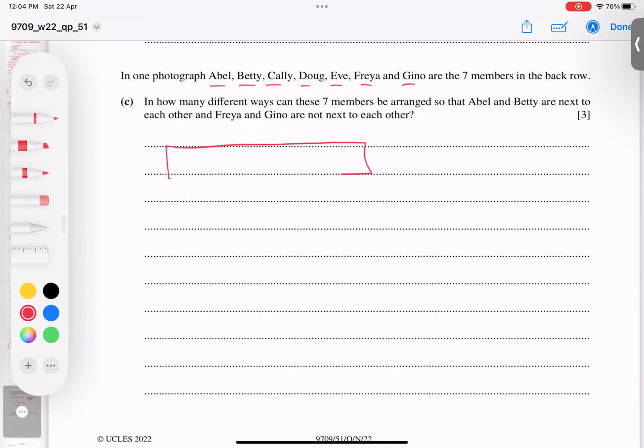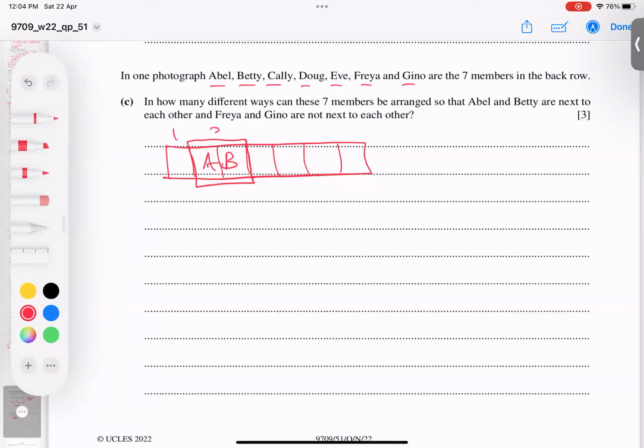So let's try to do it. 1, 2, 3, 4, 5, 6. So 6 lines, 7 boxes. Let's say I take a plan that A and B are together, completely put together. So how to do it? Like this block can come here and here and here, no issue at all. So they will behave as one chair.